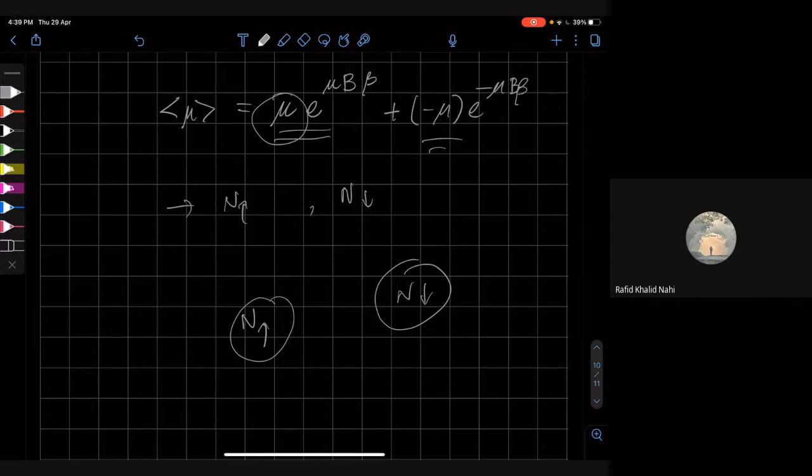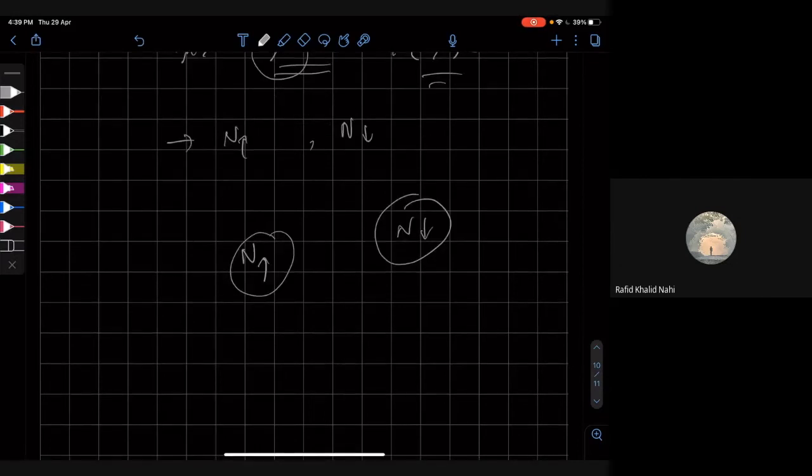I'm not sure. What I did is there was this average energy value that I had to derive in a previous part, and then I took the average energy value to be the average number of spin up particles minus the average number of spin down particles, times minus mu b by 2.